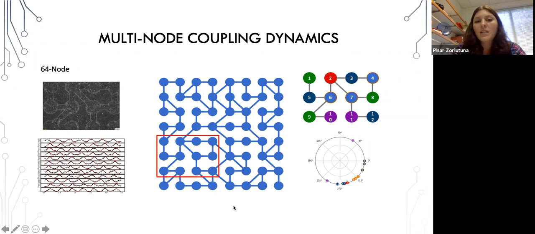The reason for that is we can currently image 12 nodes at once. So we are imaging and sliding and imaging and sliding. So it is like a patchwork of data right now that we are trying to put on the same time scale. And for that, we are optimizing and developing other types of data analysis methodologies. We have overlapping nodes that we use as a frame of reference.